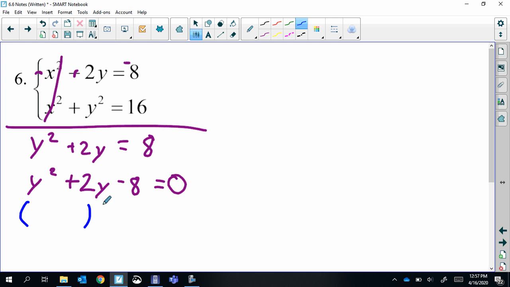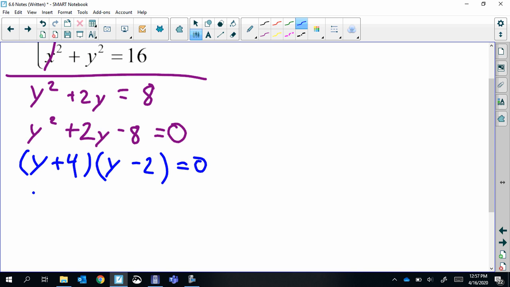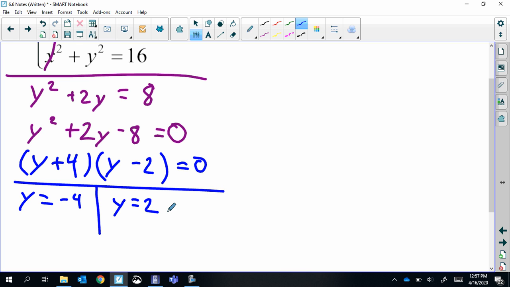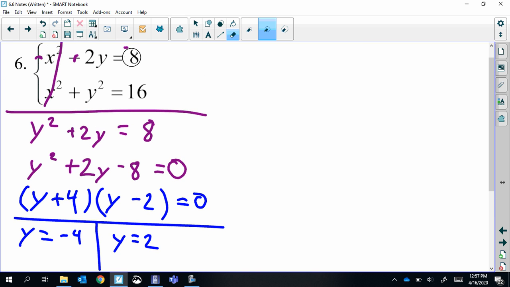So this is factorable. Multiply to be 8, add to be 2. That's 4 times 2. It would be 4 minus 2. So we get y equals negative 4 and y equals positive 2. So now we're going to take those, we can plug them into either of these equations.